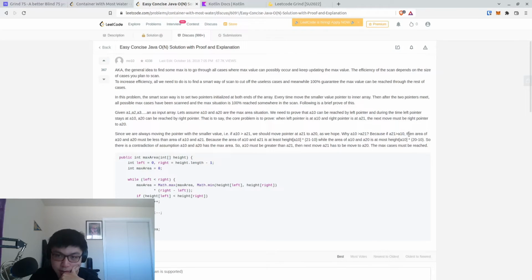Why? Because if that holds, then the area of A10 and A20 must be less than the area of A20 and A21. So if we have a left side that is larger than the right side, then we move the right side inwards.